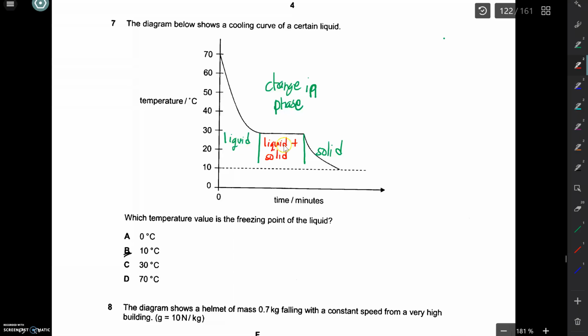The temperature remains constant during this change in phase. So the freezing point is where the temperature is constant, and this is 30 degrees Celsius.